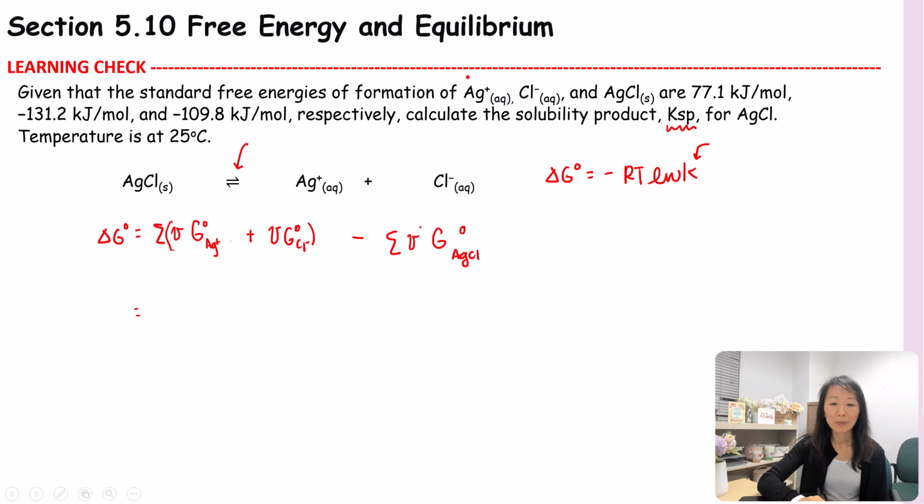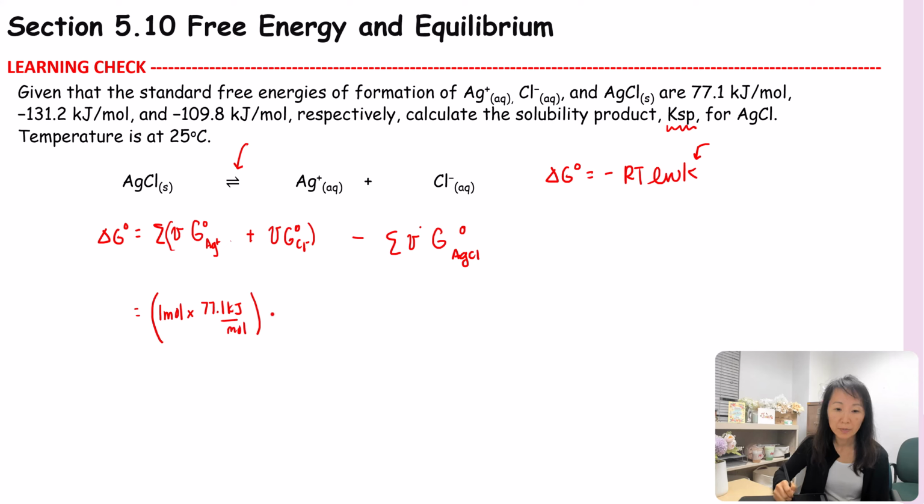Now we can go ahead and plug in some values here, and it says for the free energy of formation for silver ion is 77.1 kilojoules. So let's go ahead and plug that in. So every 1 mole, how did I get 1 mole? Because you look at the coefficient of the balance equation multiplied by the 77.1 kilojoules per mole, right?